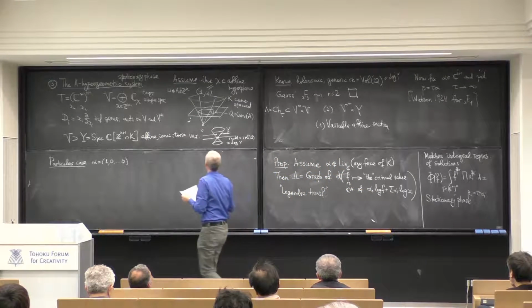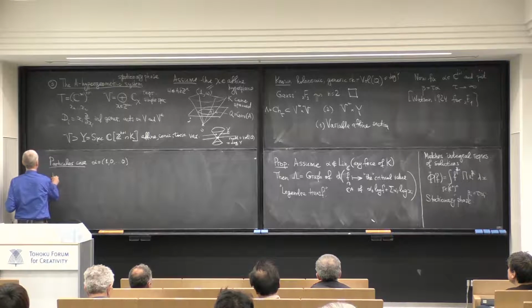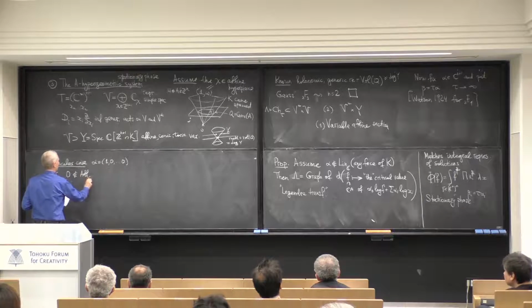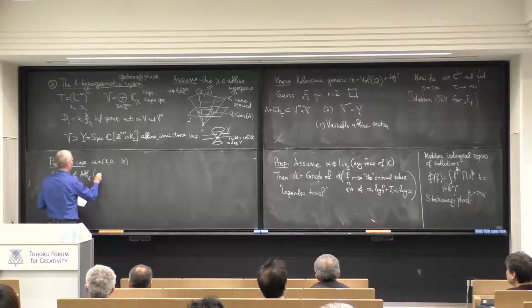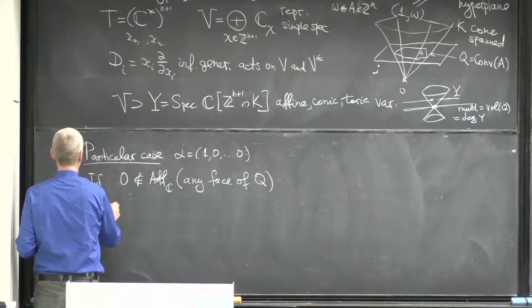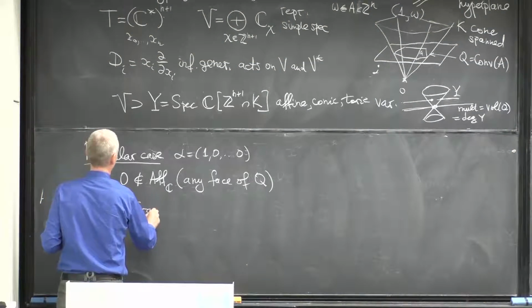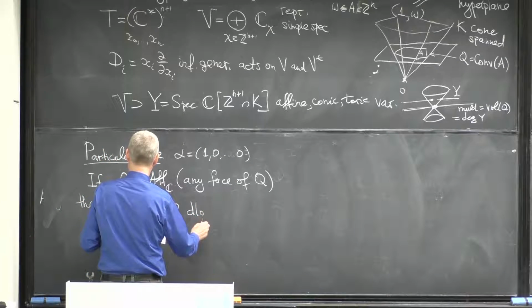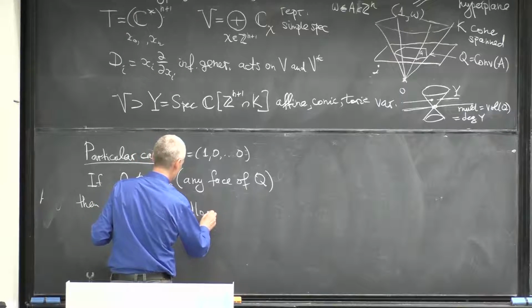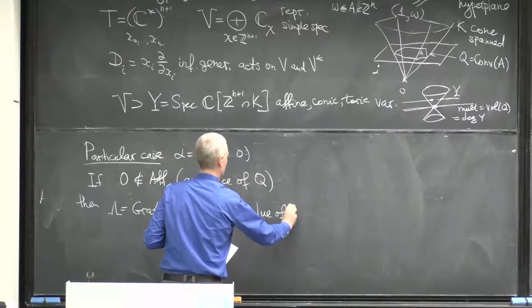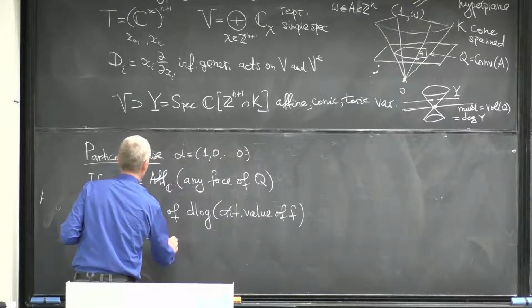The condition means that if 0 doesn't lie in the complex affine envelope of any face of the Newton polytope, then lambda equals the graph of d of the critical value of log f.